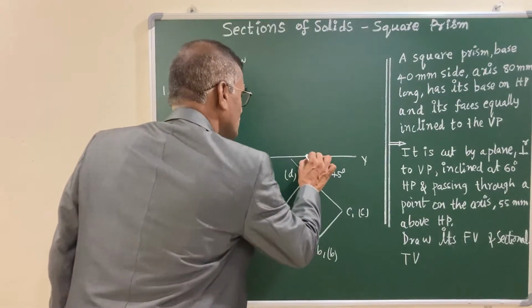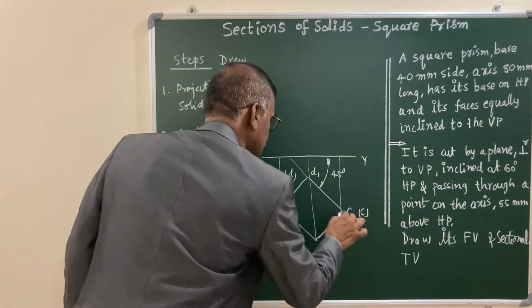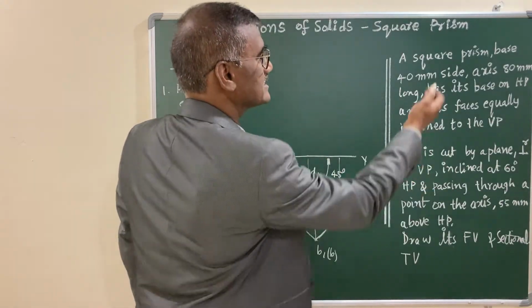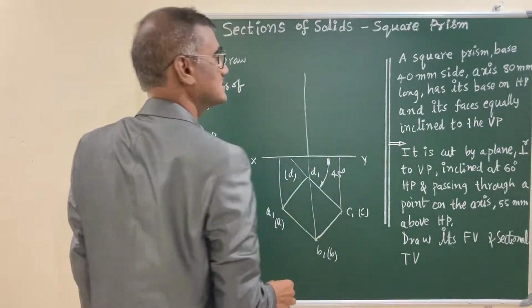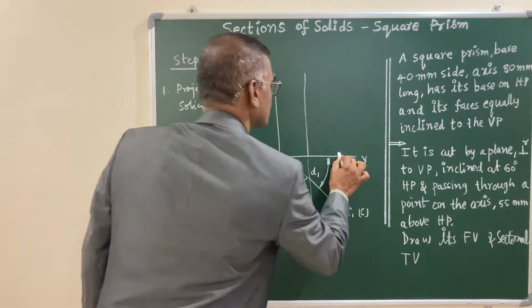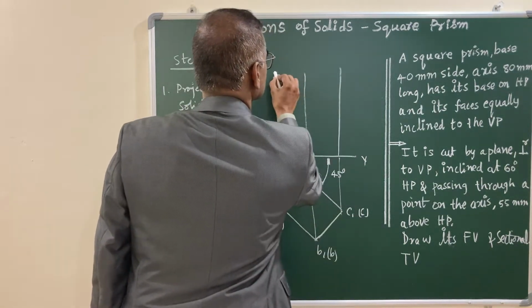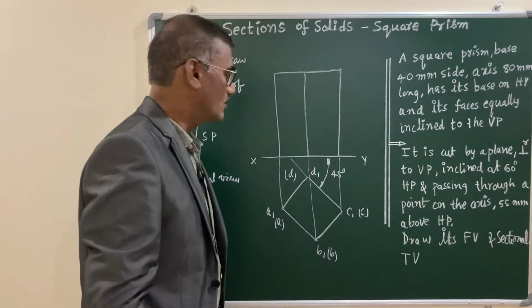Now draw the projectors, and height is given, it is 80 mm, axis 80 mm long. Let us erect a line of 80 mm and let us mark the corners.